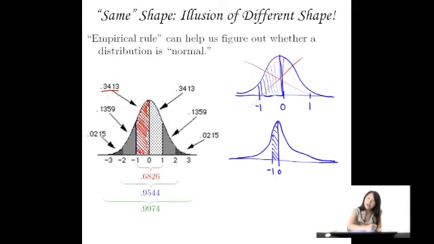Now, if you flip around that side, because it's a symmetrical distribution, the area between 0 and a standard deviation of positive 1 is also 34%. So when you add those together, it's about 68%, right?